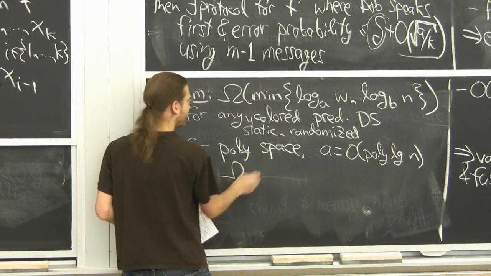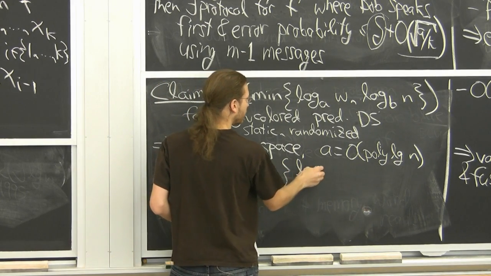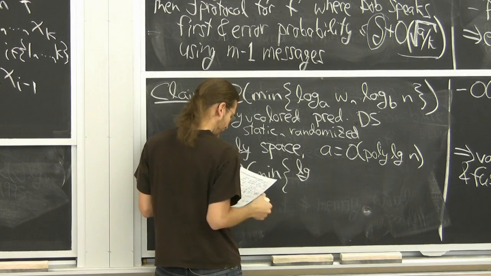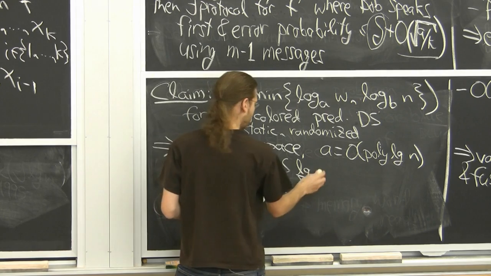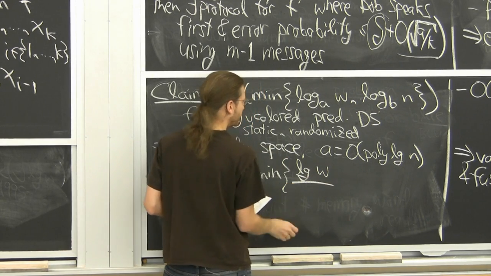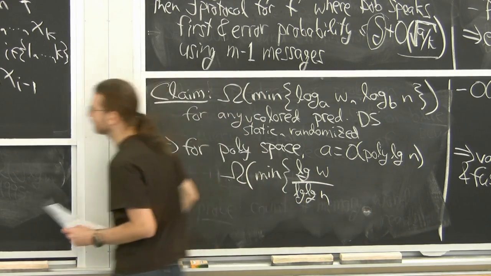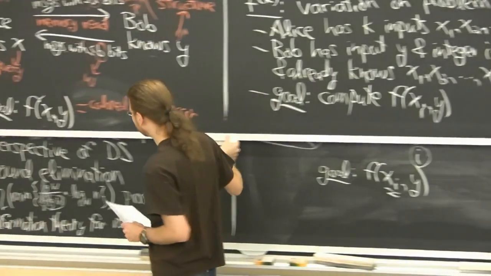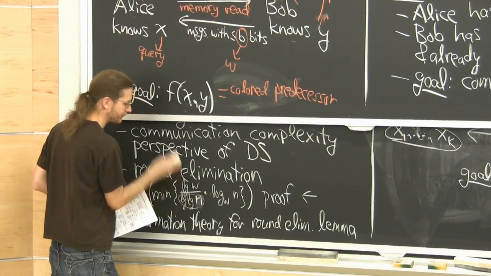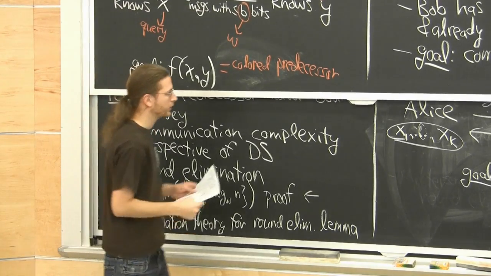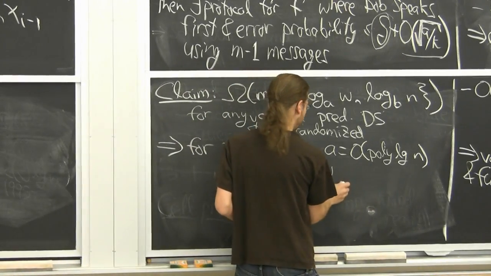So then this becomes min log, I want n, I guess. Is that what I wrote over there? I don't even remember. I wrote log log w. I guess I'm going to write log log n. That's the right answer.